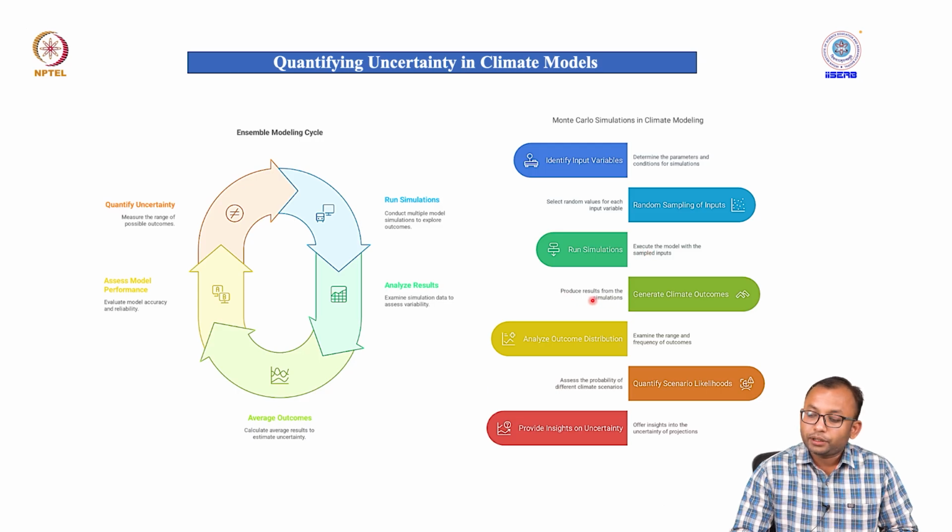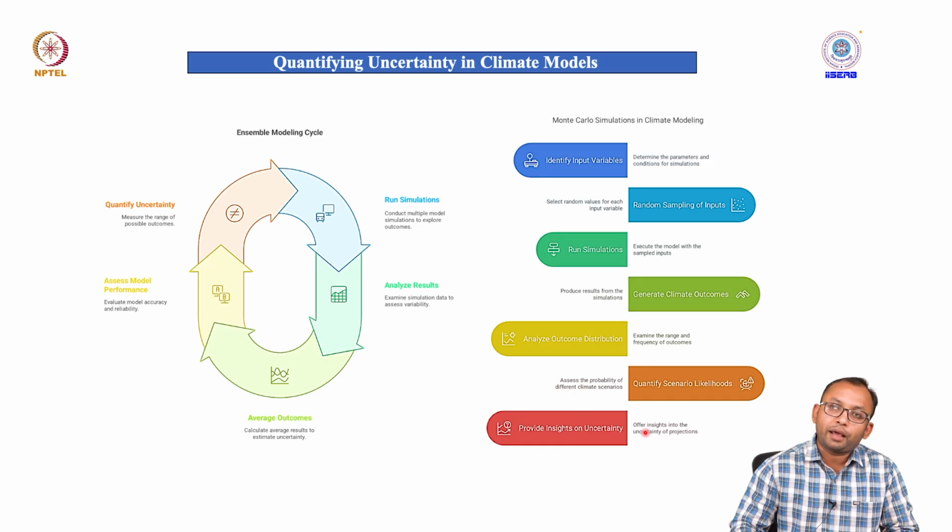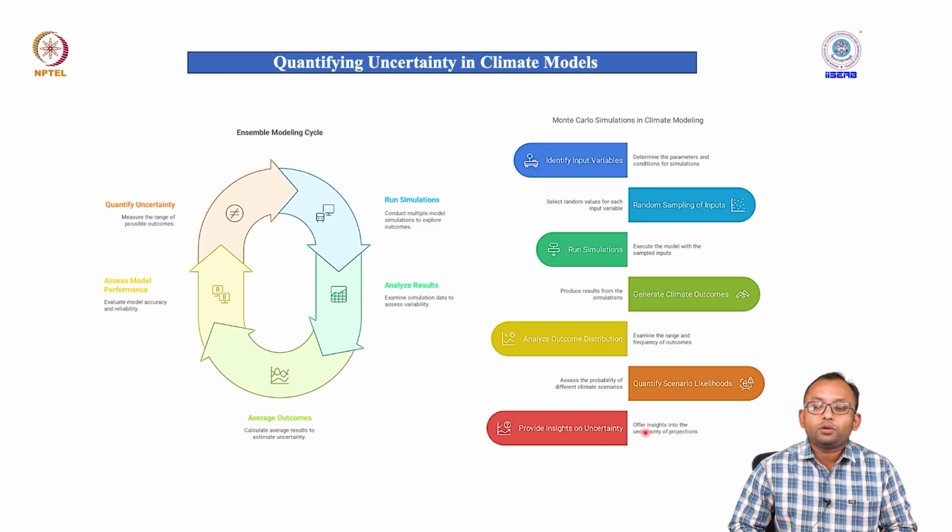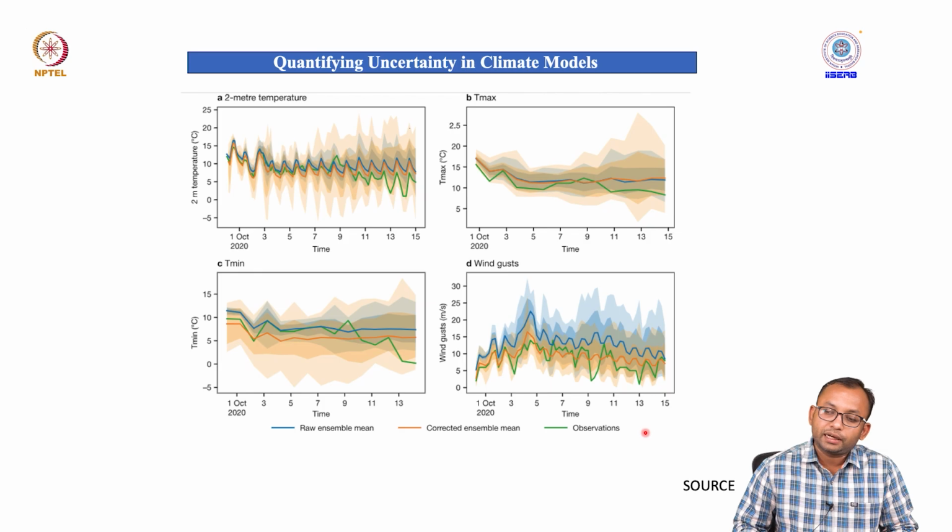Then we produce the results, generate the climate outcomes, and then we analyze the outcome distributions, examine the range and frequency of the outcomes, basically probability and magnitudes, and then we quantify the scenario likelihood, assess the probability of the different climate scenarios, and then provide the overall insight on the uncertainty of our climate model projections. So these are the two ways we can quantify the uncertainty in the climate models.